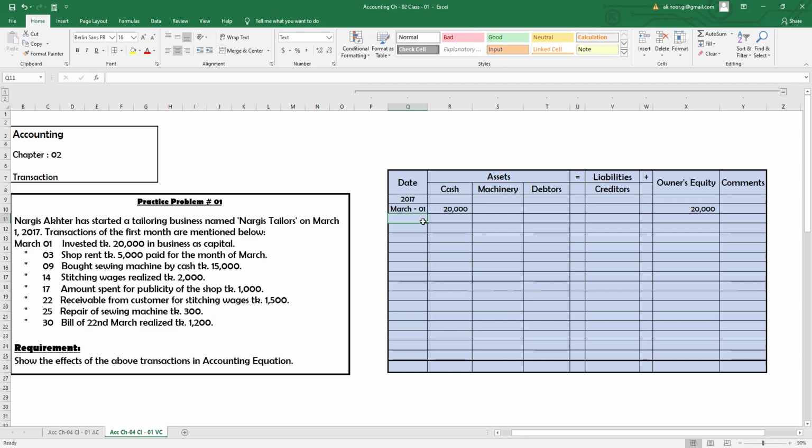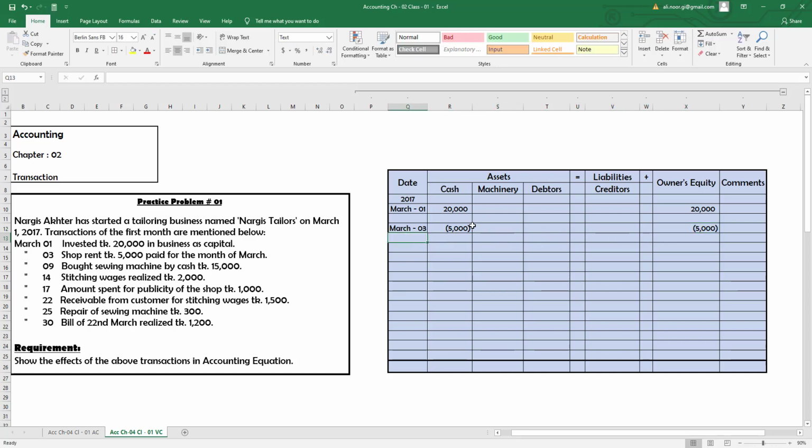Since there is no mention of check, we will consider it a cash transaction. So by this transaction, cash will decrease by 5,000, and we know expense decreases owner's equity, so owner's equity also decreases by 5,000.